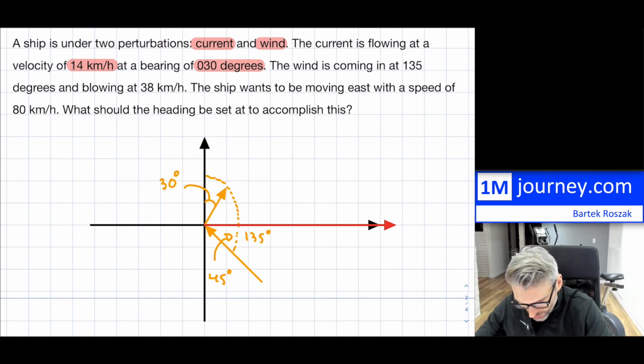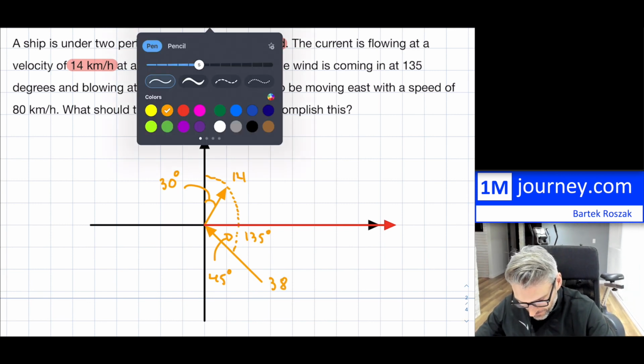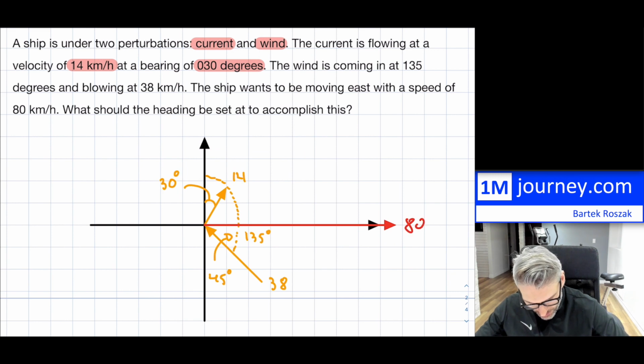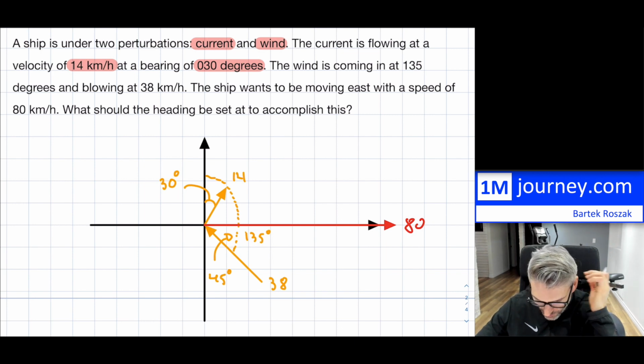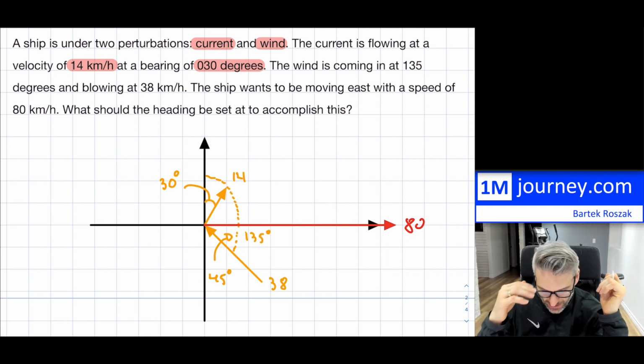Now we know all of those values, so this one is 14, it's all kilometers per hour. This one is 38, this is also kilometers per hour, and we want to be heading at 80 kilometers an hour, east. So what should the heading be? So we have the bearing direction, and then we want to know what the heading is.